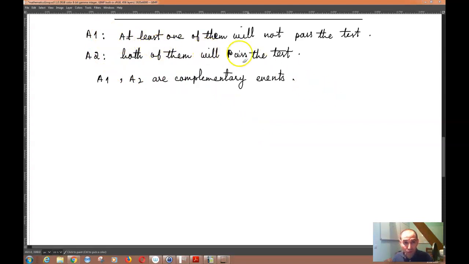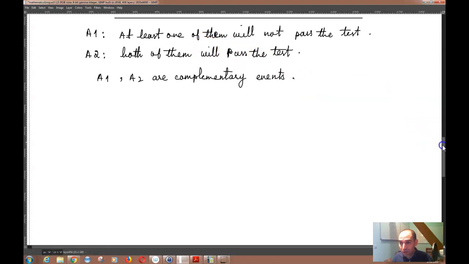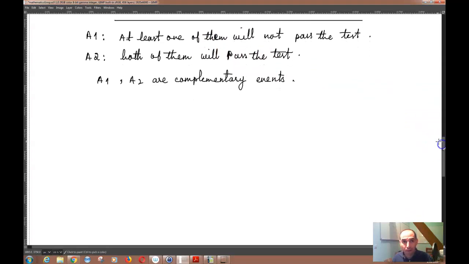what I wanted to find out was the probability that at least one of them will not qualify for the examination, or at least one of them will not pass the test. That's what I wanted to find the probability of.